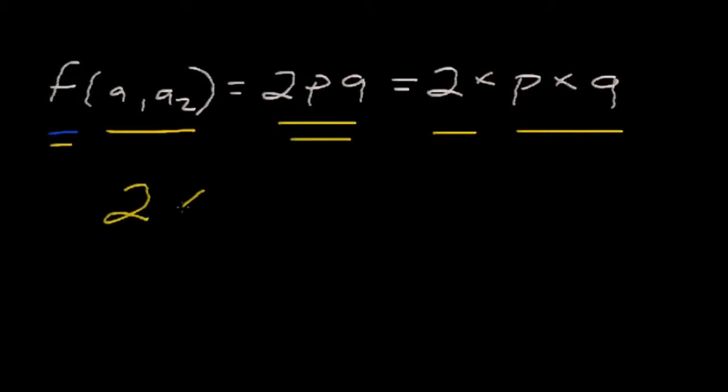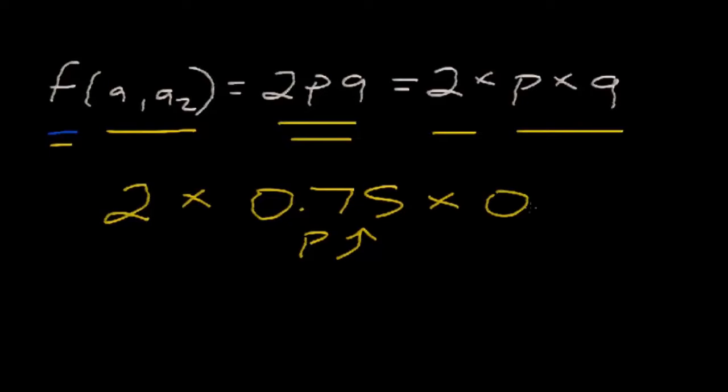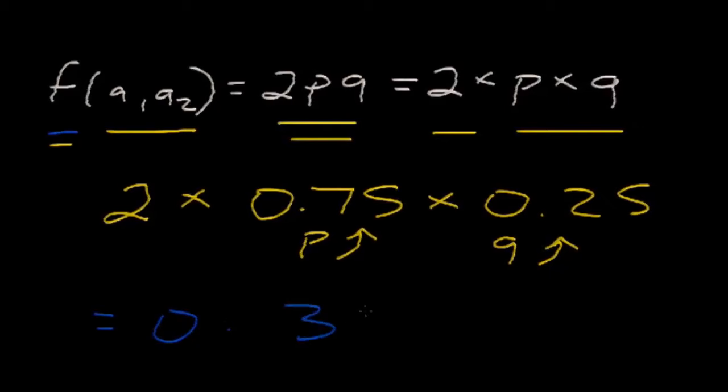That's 2 times what we know to be p, which is 0.75, times 0.25, which we know is Q. That then gives us a value of 0.375. So again, under Hardy-Weinberg, we expect 37% of the population to be A1, A2, or the frequency of the A1, A2 genotype in our population to be 0.375.